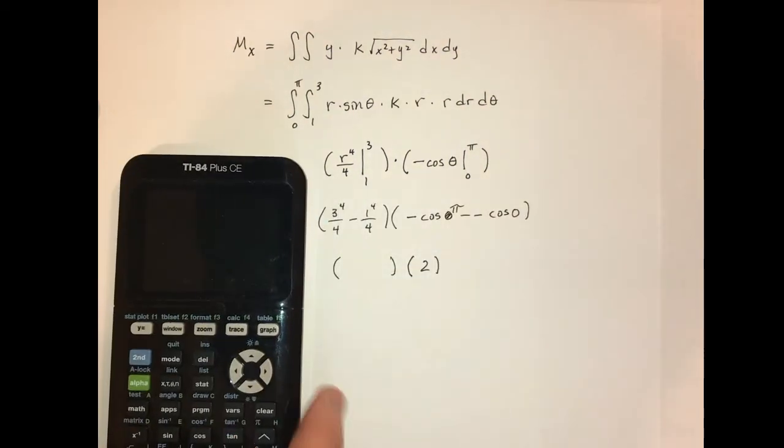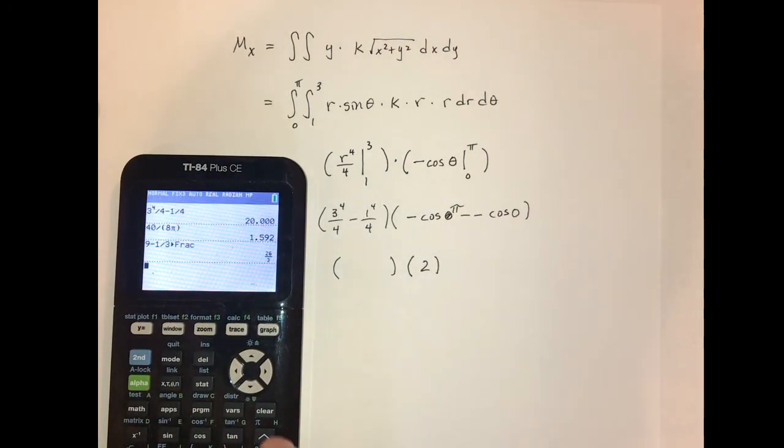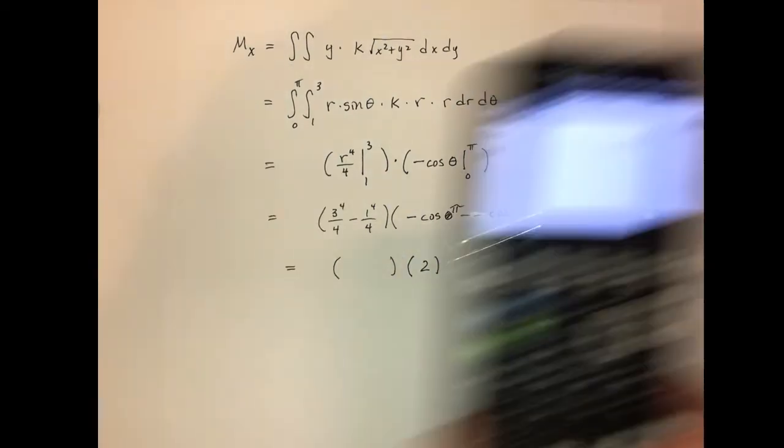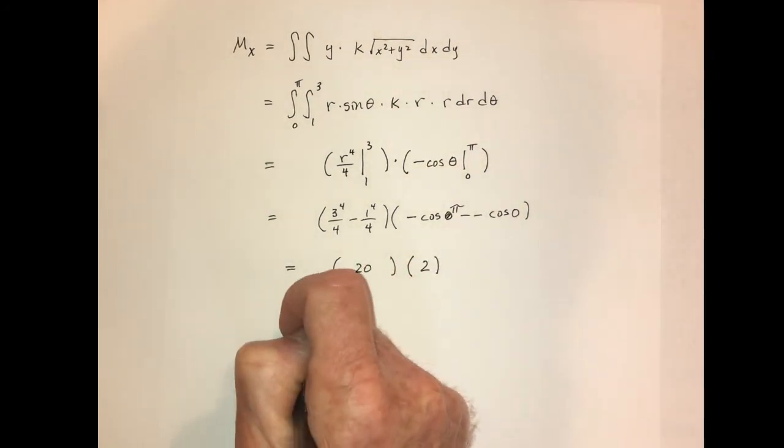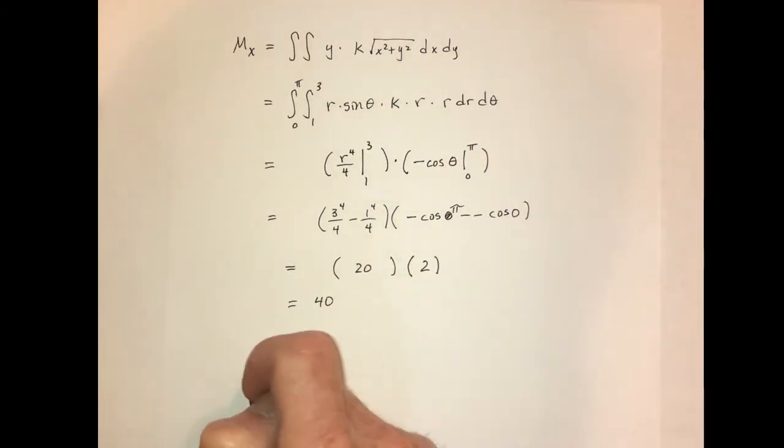And then 3 raised to the 4th divided by 4 minus 1/4 is equal to 20. So finally, this one is 40.